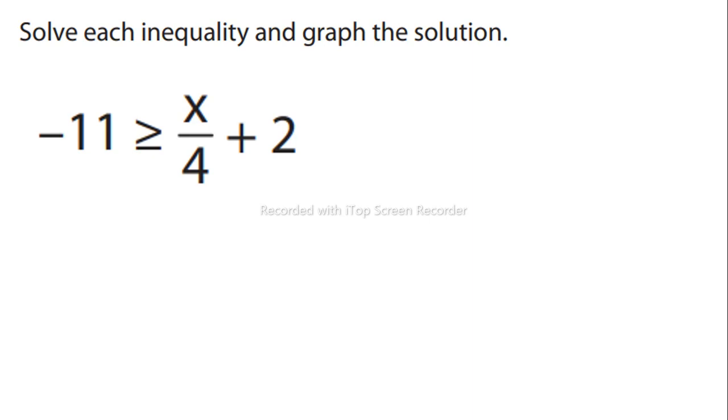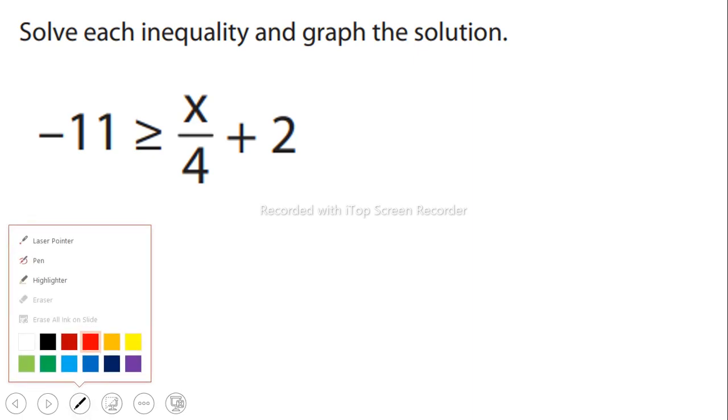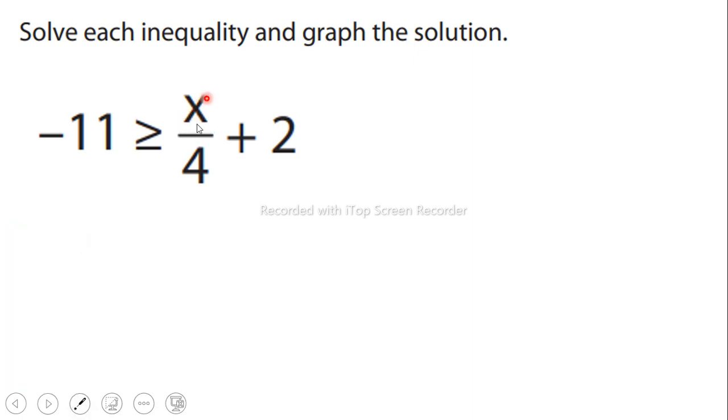The idea here again is to make x the subject of the inequality. So you want to isolate x on one side, everything else on the other side. Now here it's different. We're not going to cross multiply like we did earlier. We're going to do something slightly different than cross multiplying because we want to get rid of that 4.